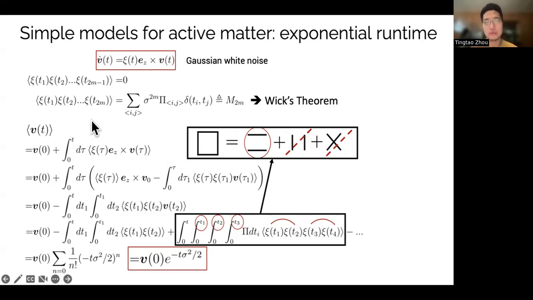So now we just do a very straightforward calculation of the velocity autocorrelation function, and then we apply the Wick theorem, and at the end of the day, everything sums out very nicely to an exponential correlation, right? So that shows you that the active Brownian particles also have exponential correlation time, just as in the case of the run and tumble particles.